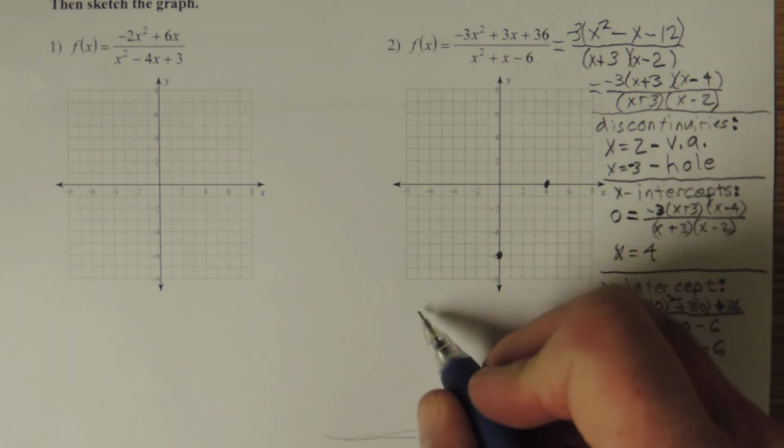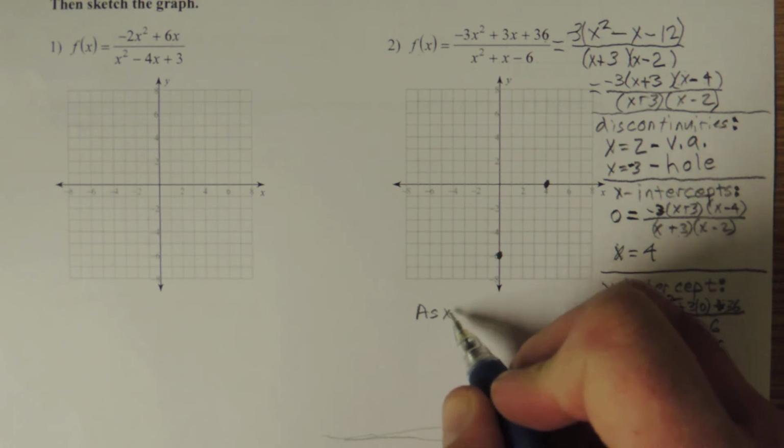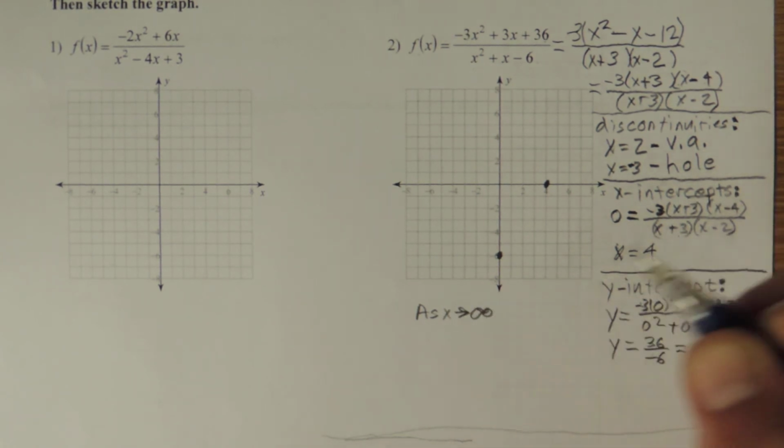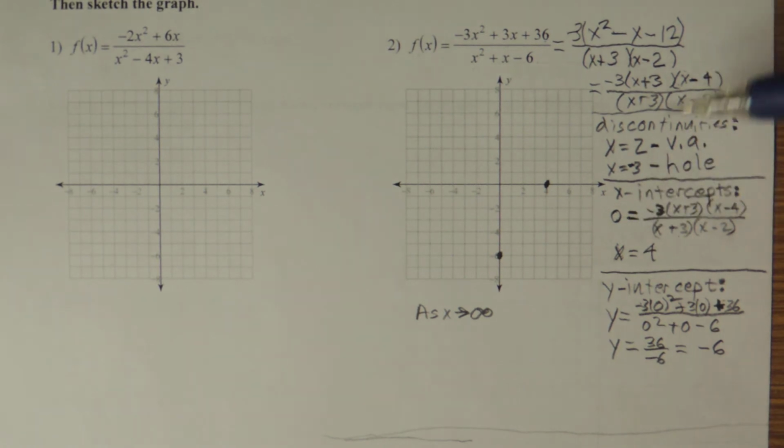As x approaches infinity, I'm going to go to my factored form. We'll say x is 1,000,000. That's a really large number, but it's not even close to infinity. But from our perspective, it's approaching infinity.